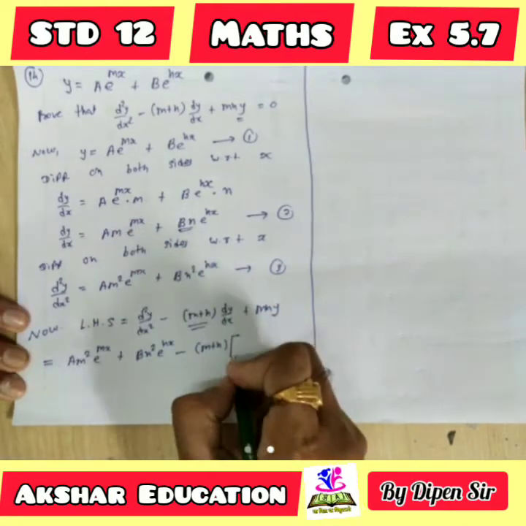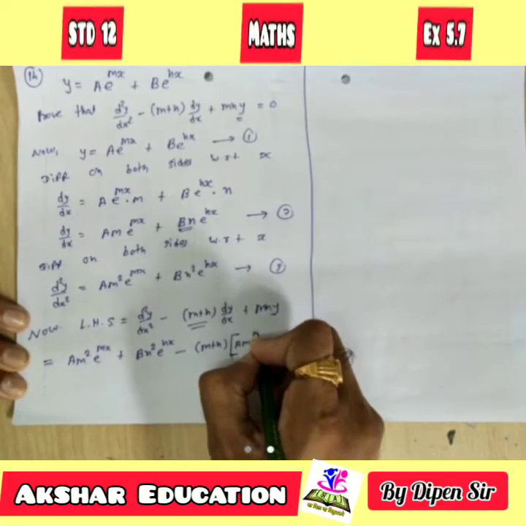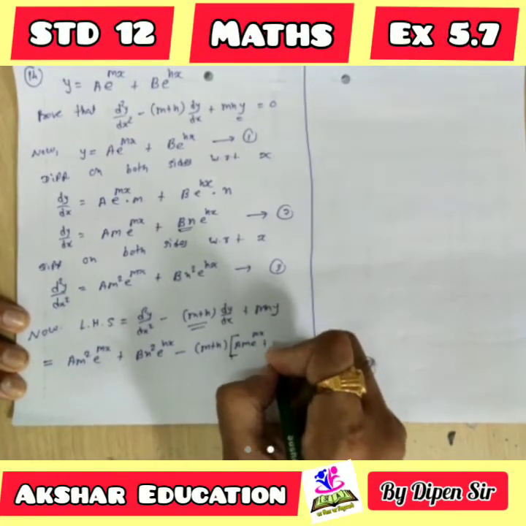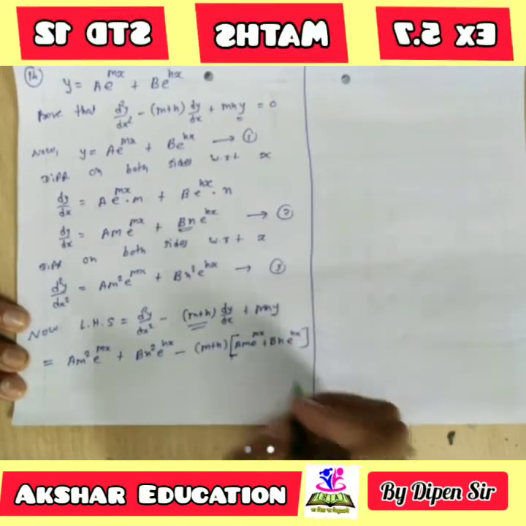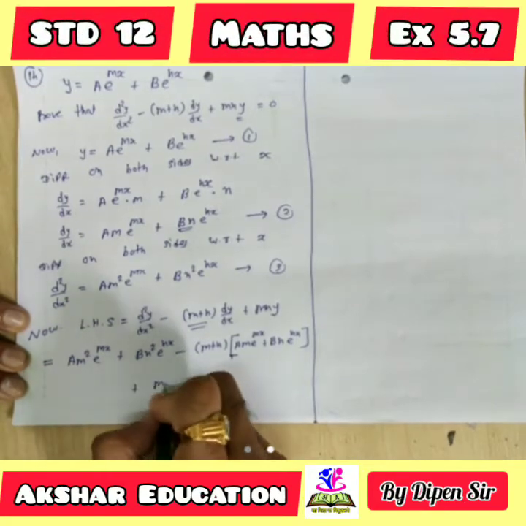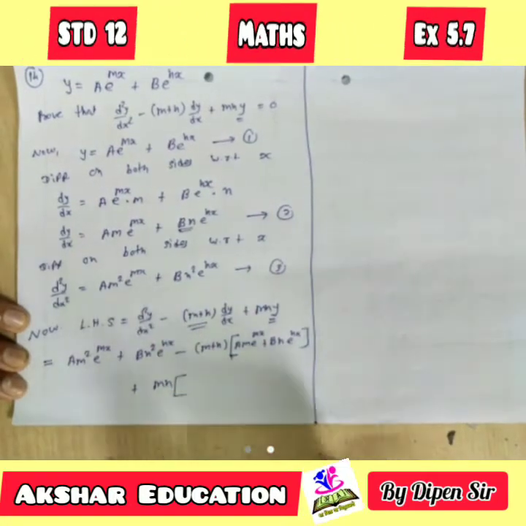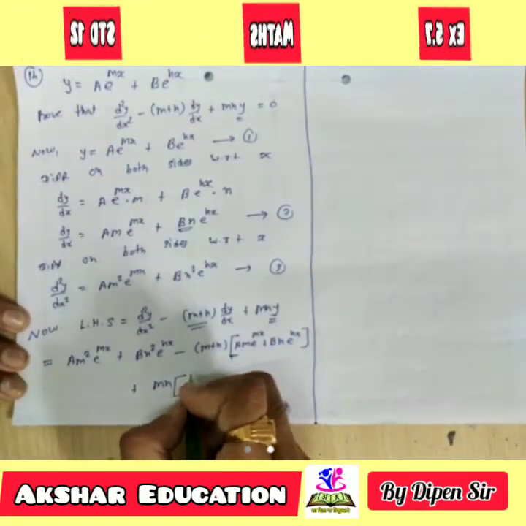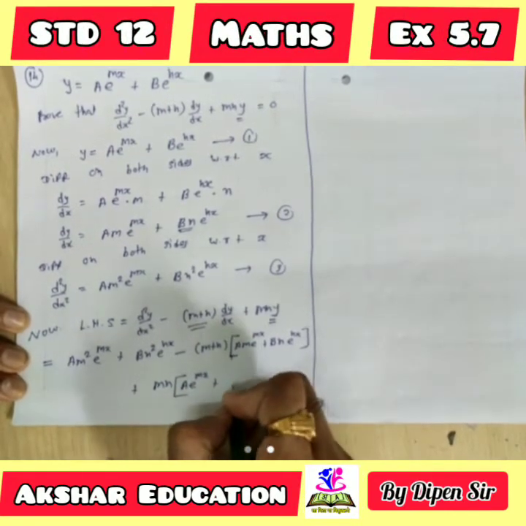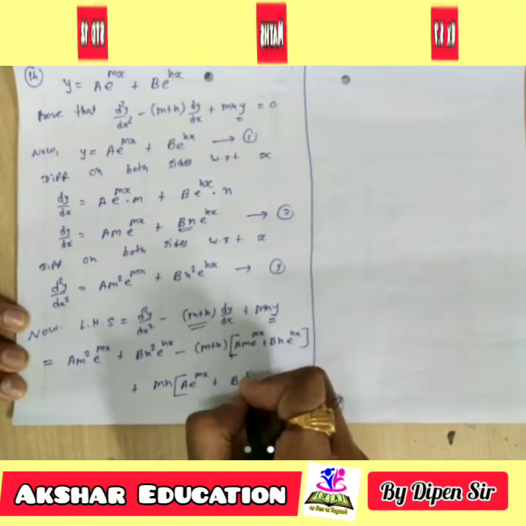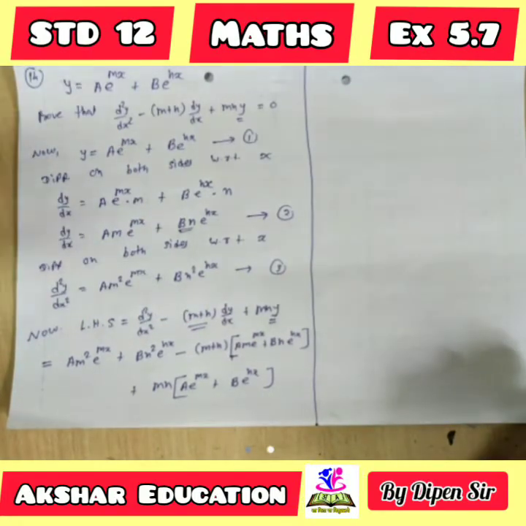Equation number 2 is a m e raised to mx plus b n e raised to nx plus m n into this y, and this y is our equation number 1. So equation number 1 is given y in your question, which is a into e raised to mx plus b into e raised to nx. Now for the next step you have to simplify it and you will get the zero answer.